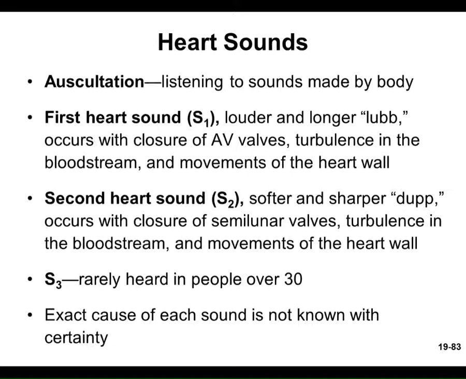So S1 is a louder, longer sound. It is from the closure, as you already guessed, of the AV valves. In addition to just the percussive closing, it's also the blood sort of bouncing off. So the blood was coming down and all of a sudden, oop, it was stopped. So it's blood running into the valve, running into the chamber, and that turbulence of the bloodstream causes this collective thing called lub or S1.